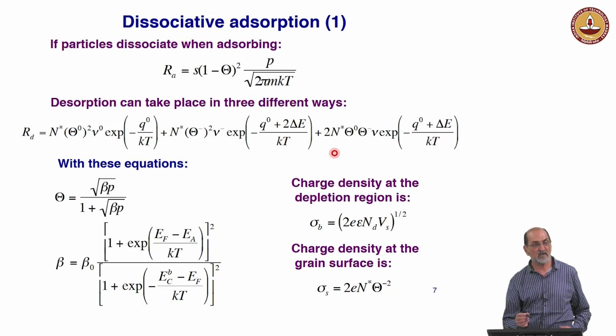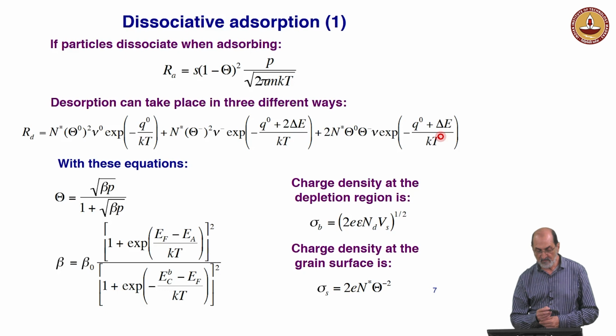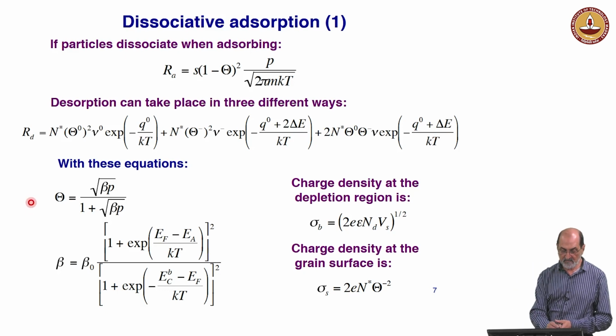And also we can have one ion and one neutral go together and desorb, and to do that they are going to get rid of only one of the electrons. Well, with these equations we arrive at the coverage as a function of pressure, which adopts this form now. We have a square root there.